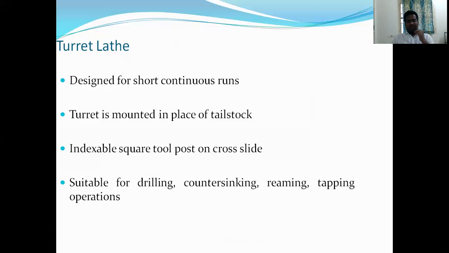Countersinking is also a boring operation, but we get different diameters: one is enlarged and the other is very small by comparison. Next, reaming. Reaming is a finishing operation. Tapping means we produce internal threads in the hole.